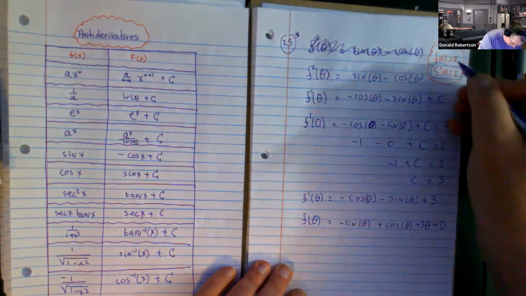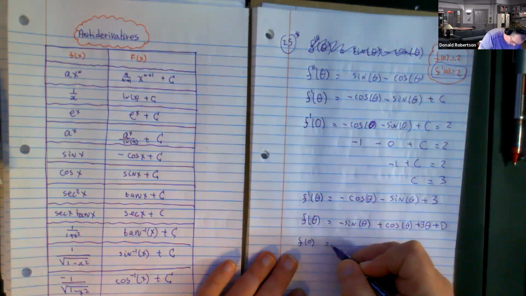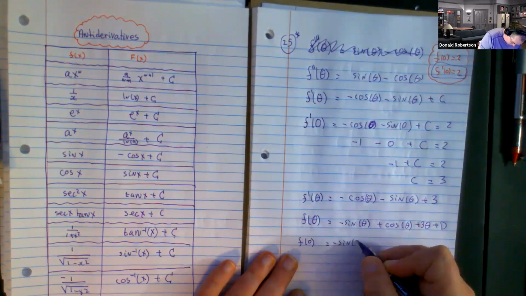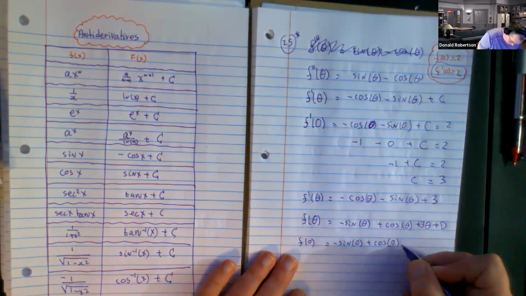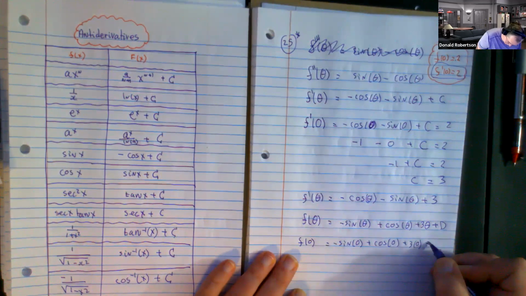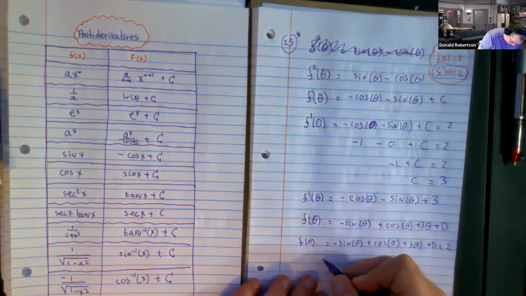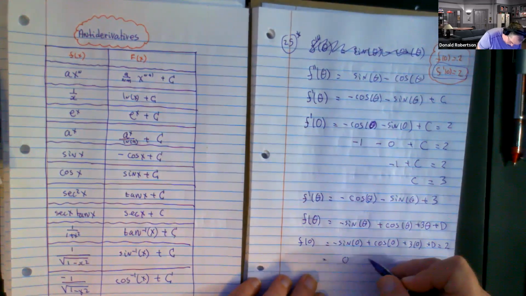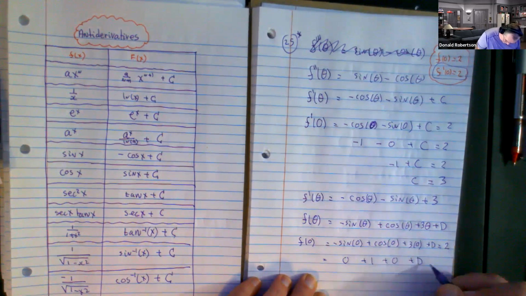I'll now use this boundary condition. F of 0 is negative 2 times the sine of 0 plus the cosine of 0 plus 3 times 0 plus d, and that has to equal 2. Nothing plus 1 plus nothing plus d equals 2.